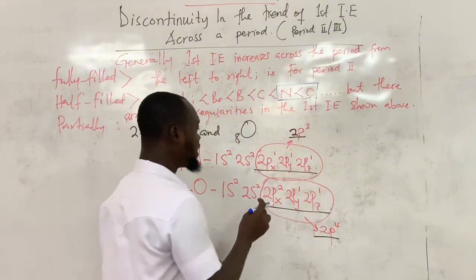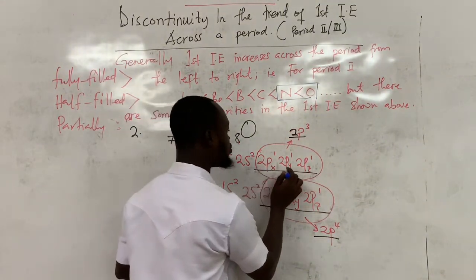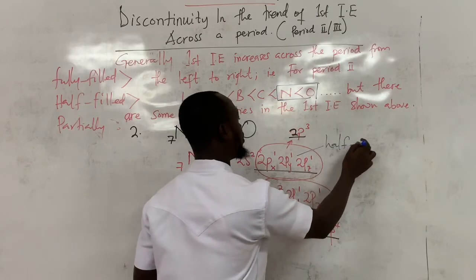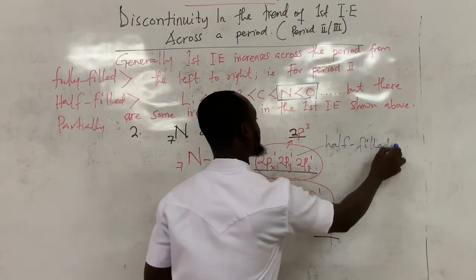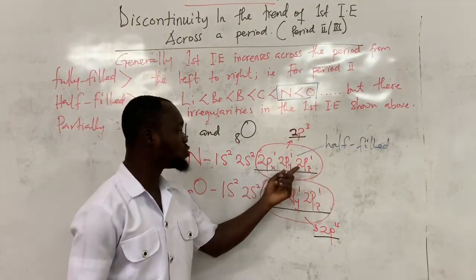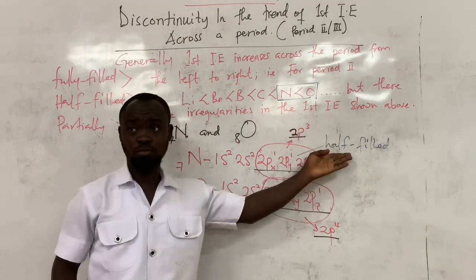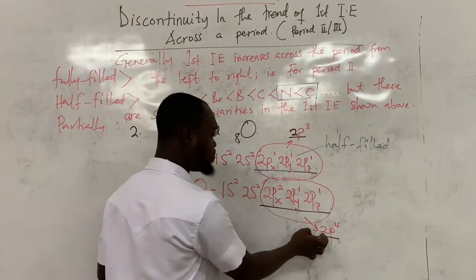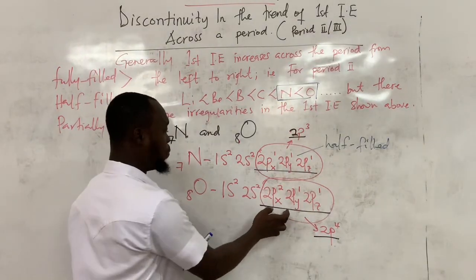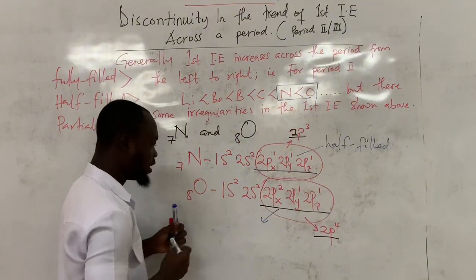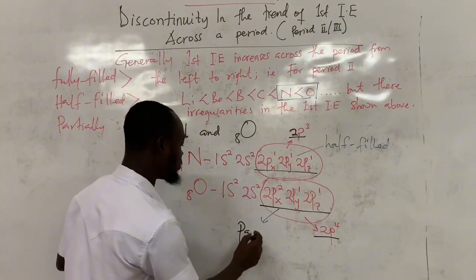Also, we can see that the electron arrangement for nitrogen, 2px1, 2py1, 2pz1, corresponds to a half-filled orbital arrangement. And for oxygen in the 2p4 atomic orbital, we have a partially filled arrangement.